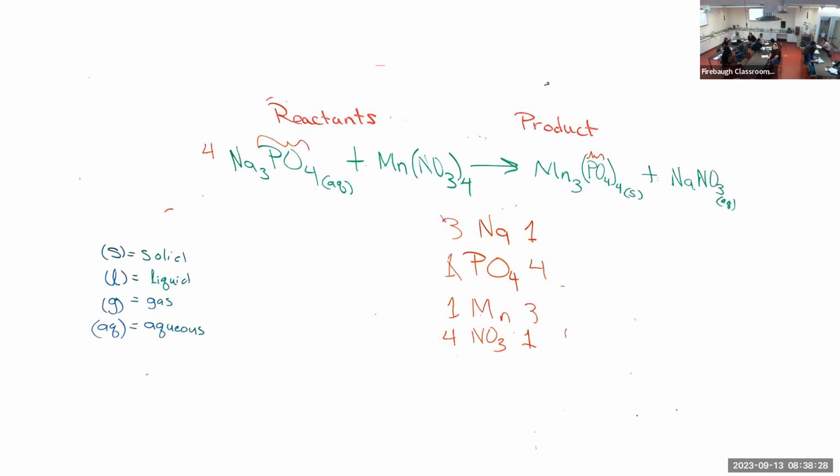How many sodiums do I have now? 12. Because we have 4 times 3 is 12. Okay, my Mn. I have 3 over here, and I have 1 over here. So what has to go in front of here? And then that means how many NO3s do I have?